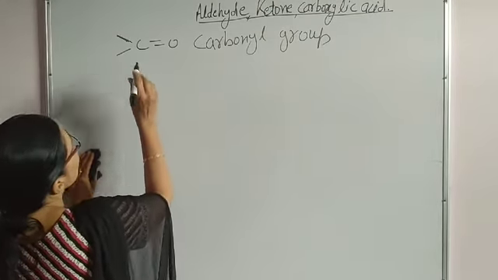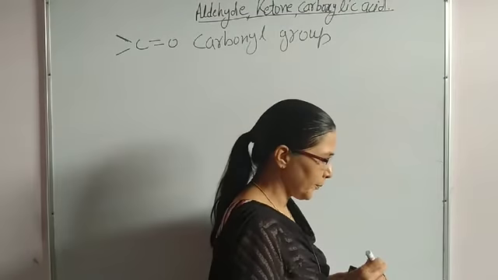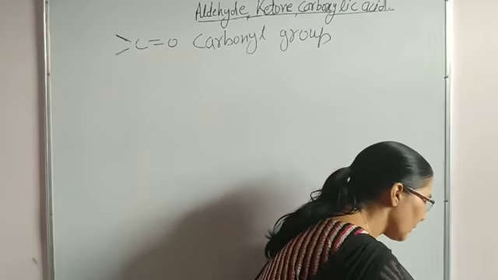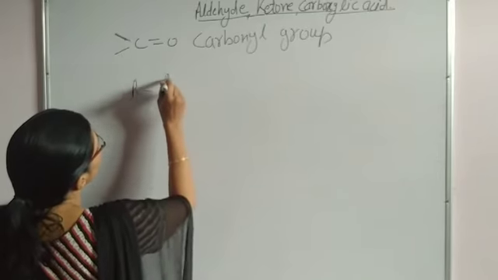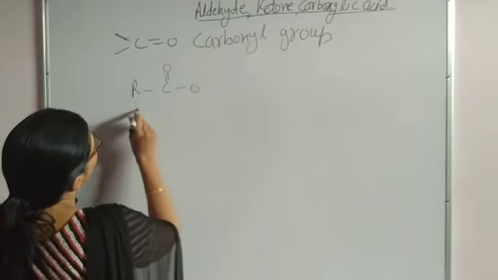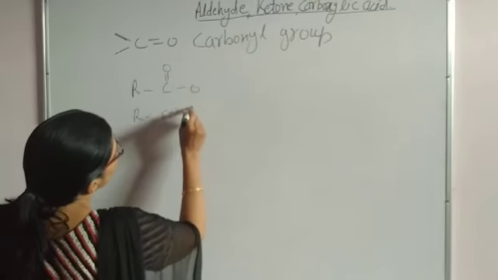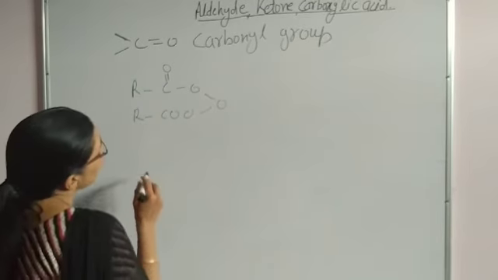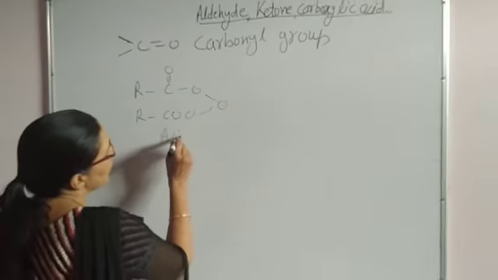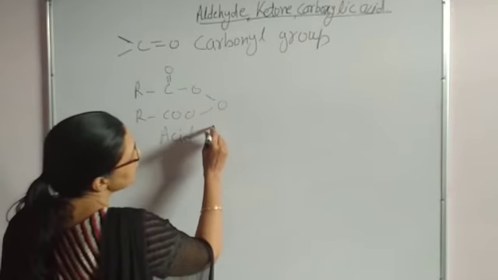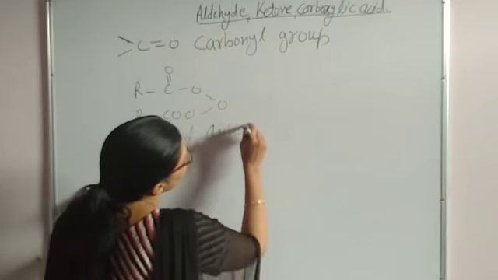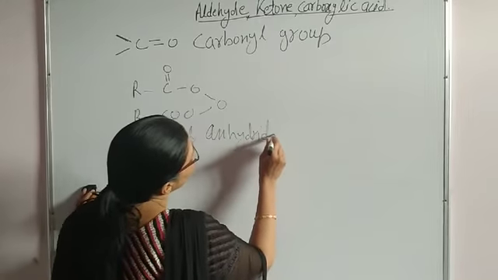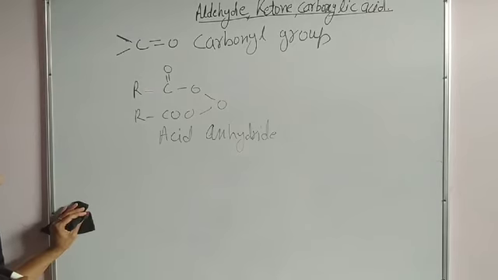If RCOO and one more RCOO are attached with oxygen, then it is known as acid anhydride. The name of the functional group is acid anhydride.